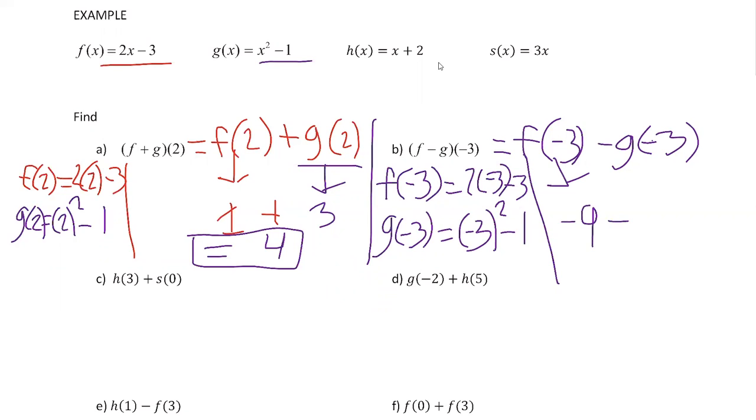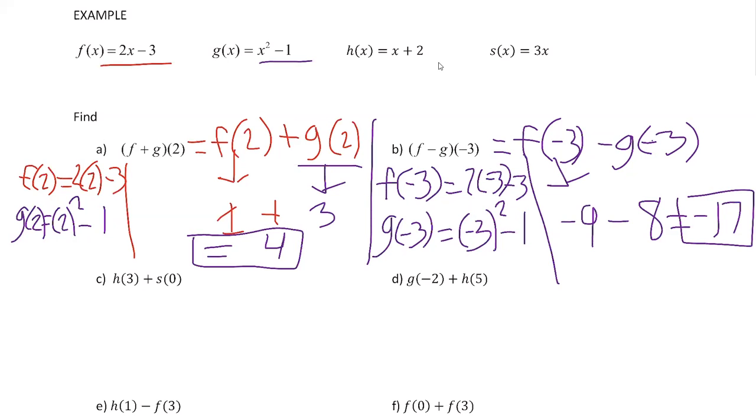Then if you work out your g, negative 3 squared minus 1 would be positive 8. Like I said, make sure you put those parentheses or you'll probably get the wrong answer. So then negative 9 minus 8 would be negative 17. So that's the idea with these. If you watch the Ed Puzzle assignment I posted yesterday, it's going over this. So if you haven't had a chance, it's just a 2-minute video.